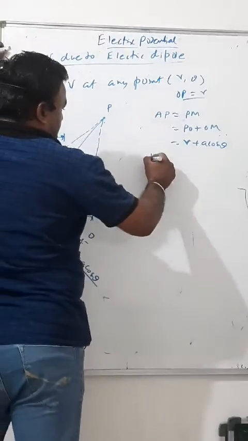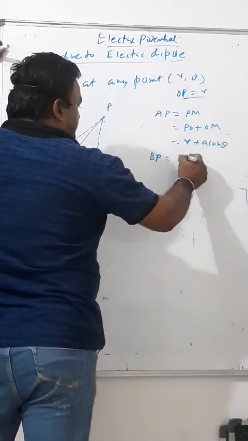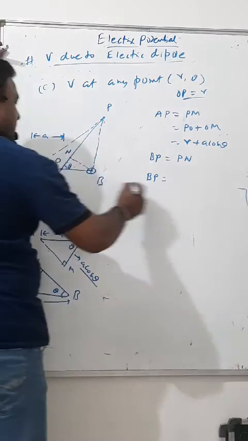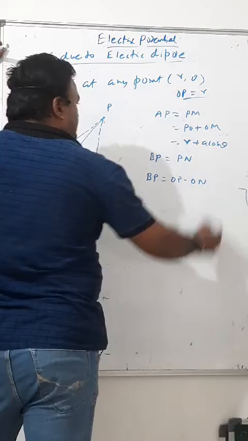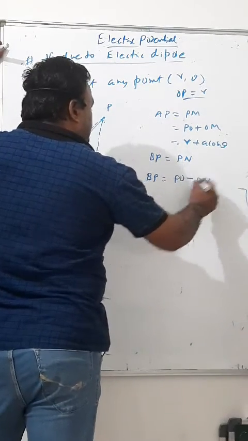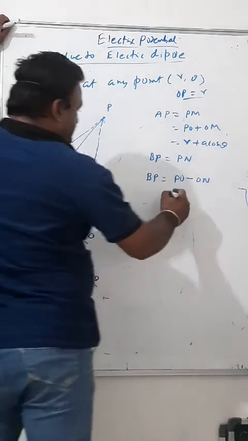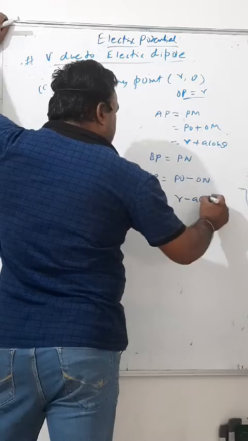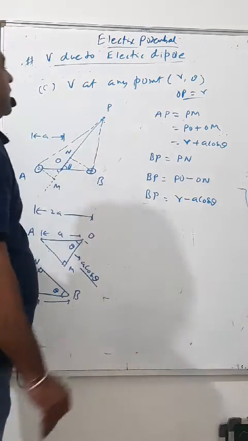Then BP is actually PN, OP minus ON, or I simply write PO minus ON. PO is R, ON is what? A cos theta. This is P.